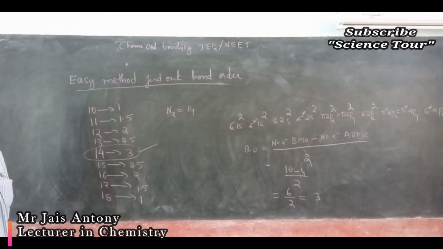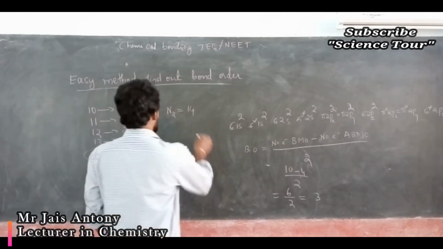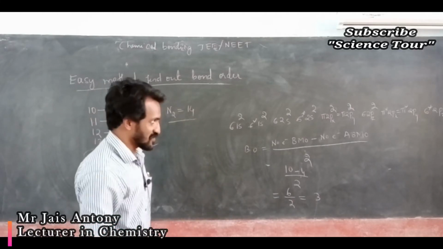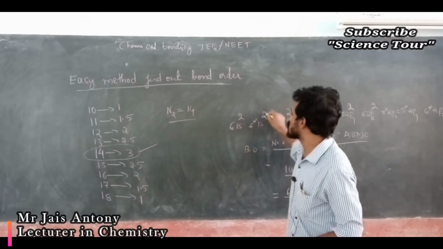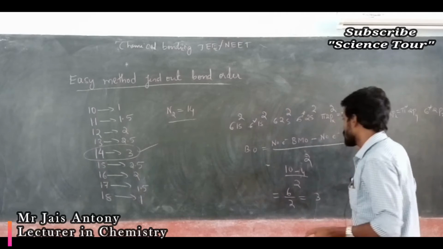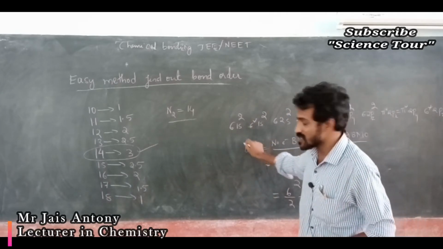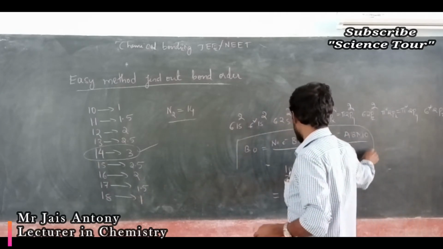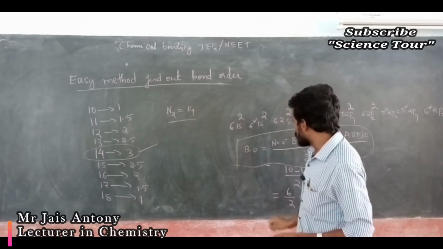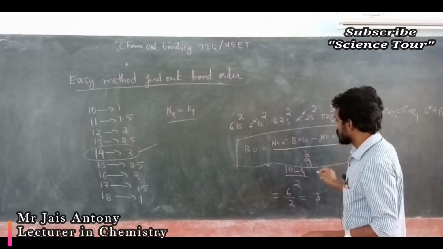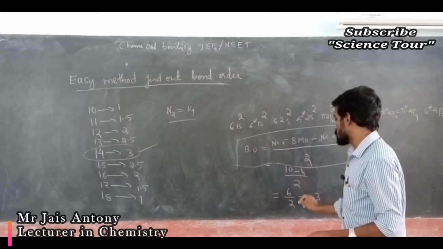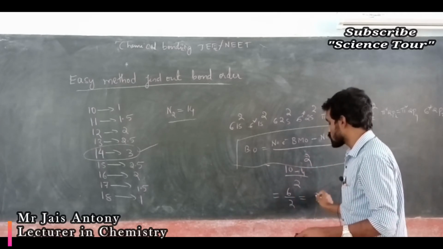So you are taking this much time. First you have to count the number of electrons. Again you have to write the configuration, 2, 2, 2, 2, 2, 2. After that you write the bond order formula: number of electrons in bonding orbitals minus number of electrons in anti-bonding orbitals. That is 10 minus 4 divided by 2, 6 divided by 2 is 3.